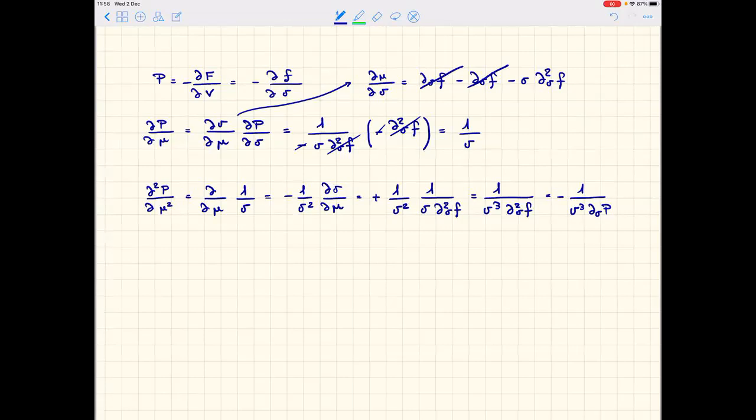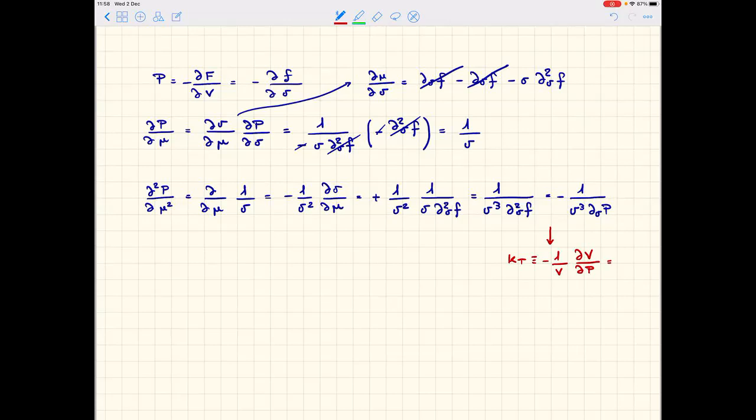But now, what is the compressibility? The compressibility, Kt, is defined as follows, minus 1 over V dV dP. This is the definition of isothermal compressibility.